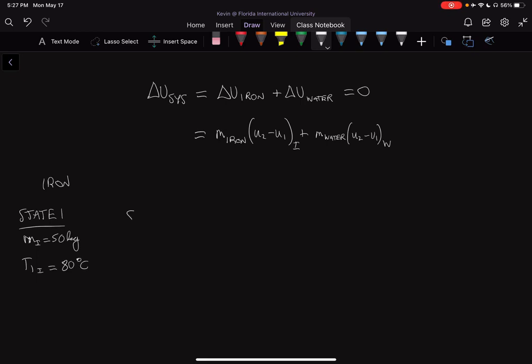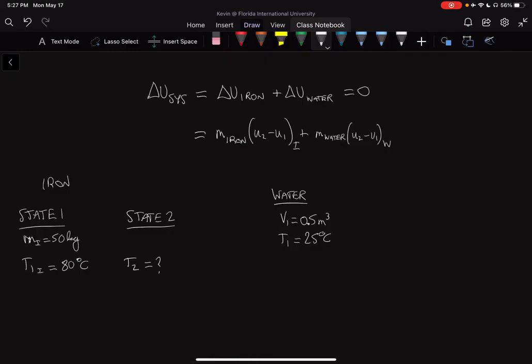And we're told at state 2 to essentially find the final temperature of the iron. So we're trying to find T2. For the water, we have V1 is equal to 0.5 meters cubed. And we have T1 is equal to 25 degrees Celsius.